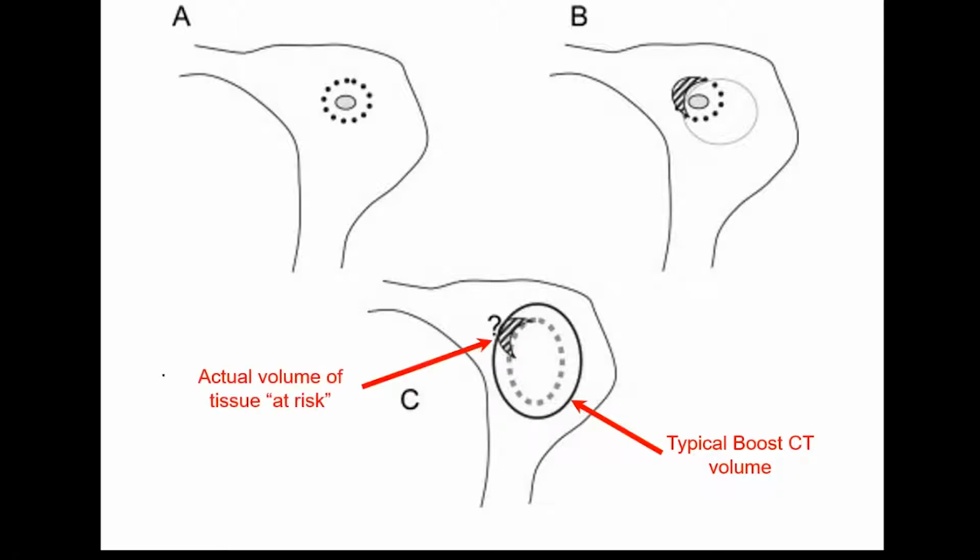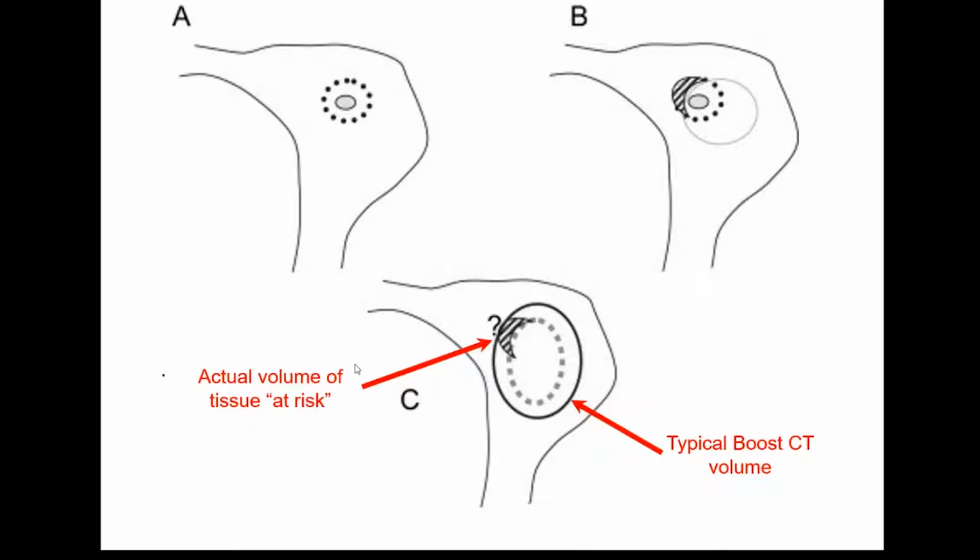When the actual volume at risk is quite small. So I think AccuBoost affords the opportunity to better define and better think about what this residual target volume really is, and then use the modality to direct that treatment to that limited portion of the breast.